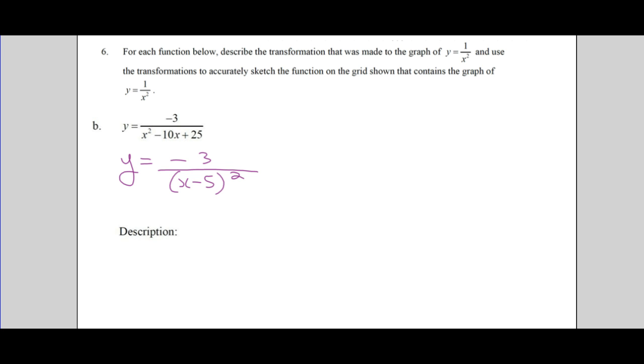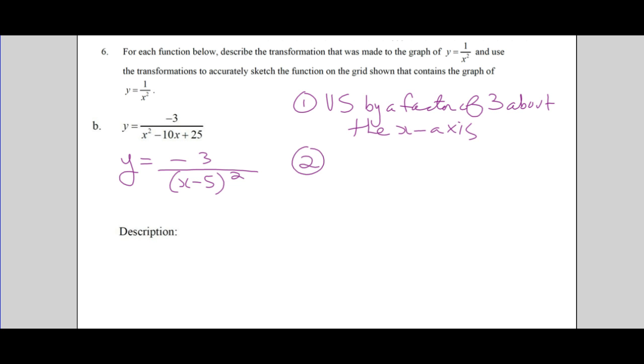So, describe the transformations. What's going on? Number one, there was a vertical stretch by a factor of 3 above the x-axis. But that's not a 3, it's a negative 3.